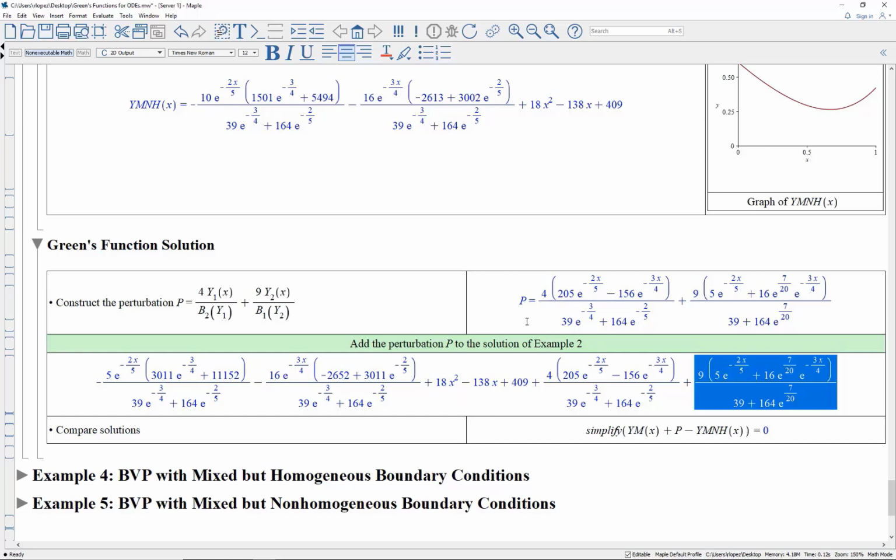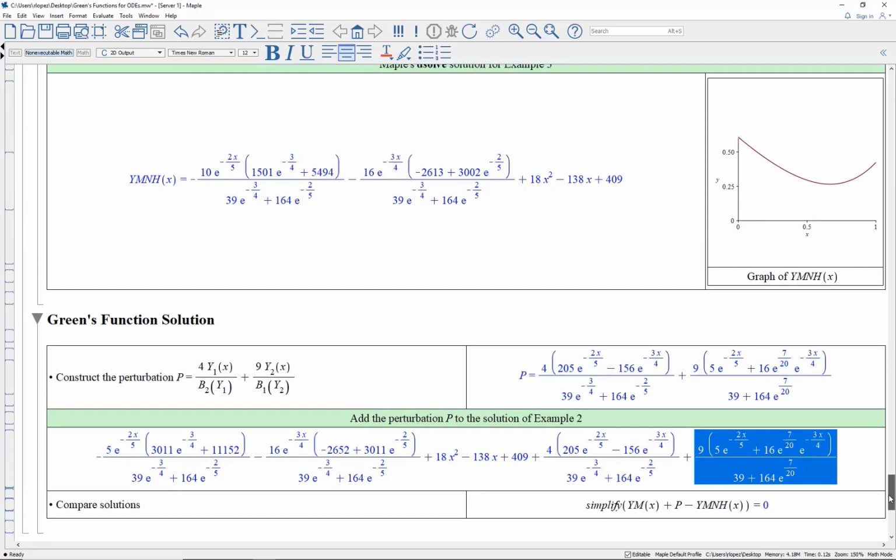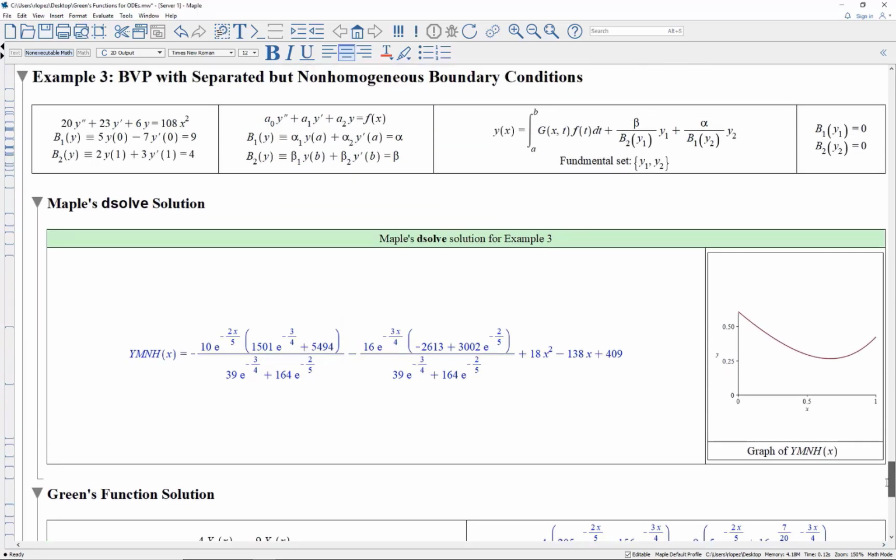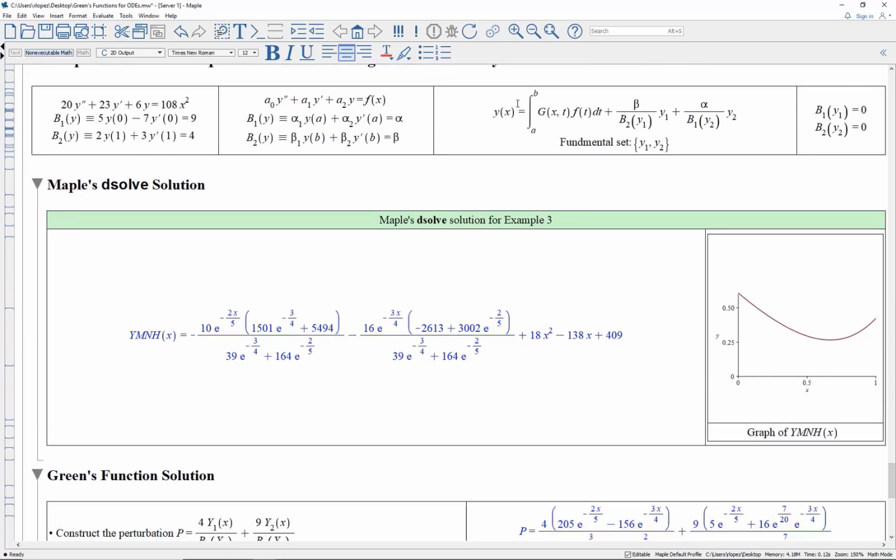So let's just take one last look at this perturbation term and see why it works. This piece satisfies homogeneous data. When you apply B1 to this term, you get B1 on Y1. B1 on Y1 is 0.